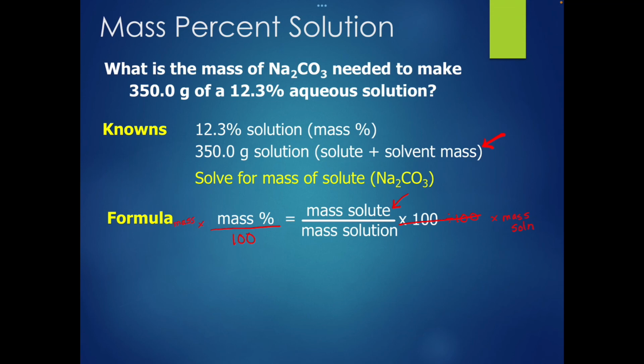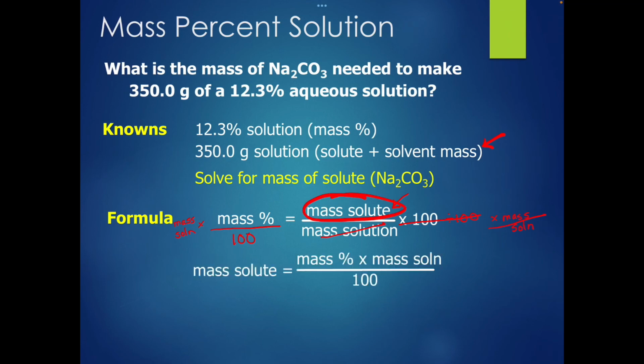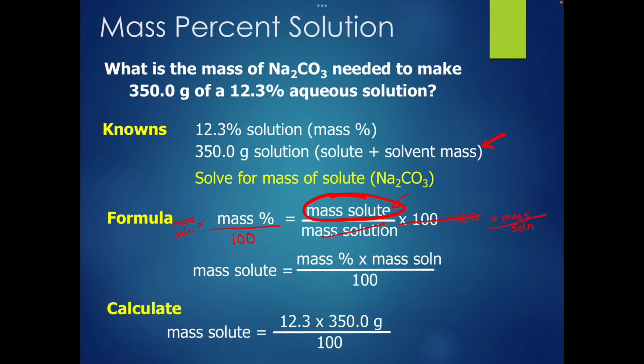By multiplying both sides by the mass of our solution, then this is gone, okay? And that will leave us with our mass of our solute by itself. So we're getting that the mass of our solute is equal to the mass percent times the mass of our solution divided by 100. Once we've rearranged that equation, now we can go ahead and plug things in.